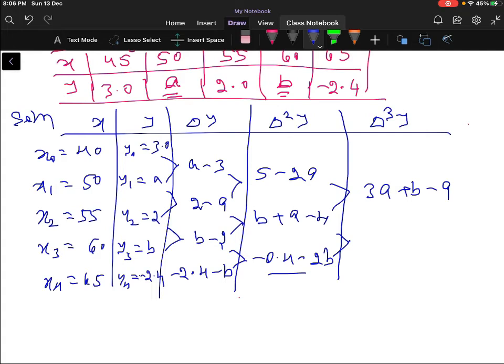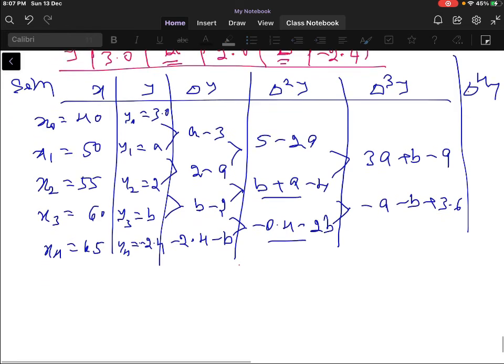Difference of minus 0.4 minus 2b and b plus a minus 4 is minus a minus b minus 0.4 plus 4, that is plus 3.6. We can find delta^4 y also, but that is not required since only 3 points of y are given.